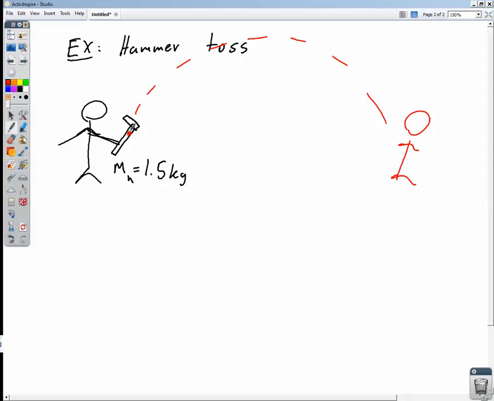So what we can say here is that, let's say the center of mass of the hammer goes 30 centimeters with the guy throwing it. From wherever the guy starts accelerating the hammer to the instant he lets it go is 30 centimeters. And let's say he gives the center of mass of the hammer an initial velocity equal to 8 meters per second.